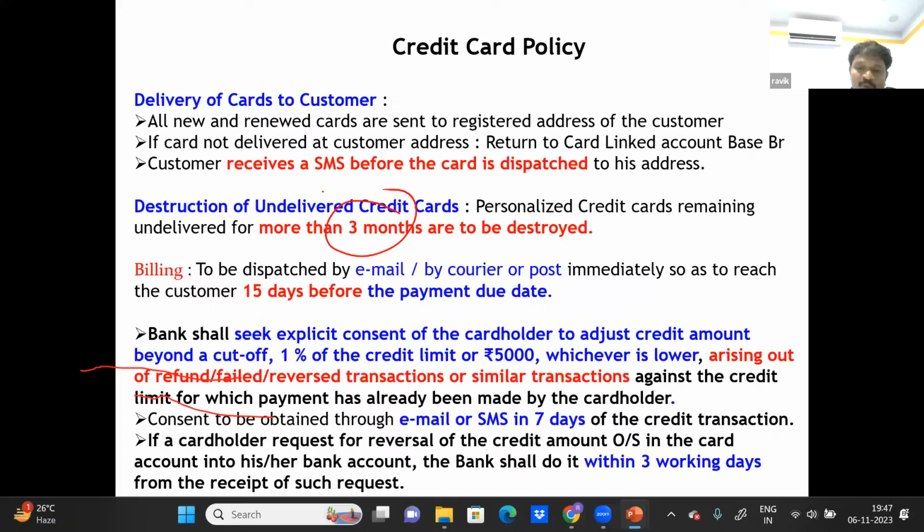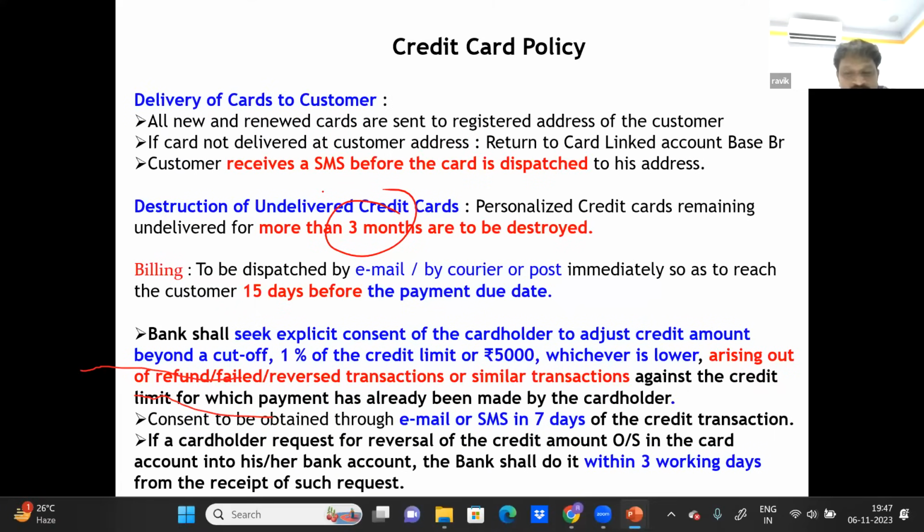For example, one customer has last month's billing of 10,000. He paid 10,000, and he paid one more 10,000 to you. That means the credit card has an extra 10,000 of the customer's money. He cleared the 10,000 dues, and the extra 10,000 is still available in the credit card. It's a credit balance in the credit card.